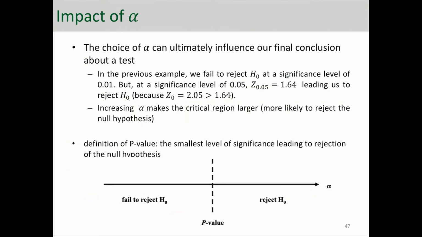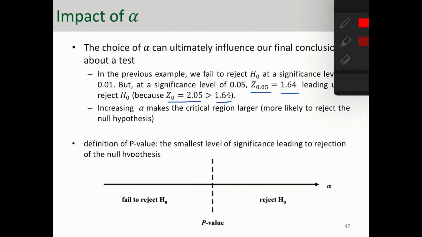For example, if alpha was 0.05, our critical region would start at 1.64, and because the test score is more than 1.64, we would have rejected the null hypothesis. You can clearly see that the choice of alpha can ultimately influence our final conclusion about the test. Increasing alpha makes the critical region larger, which essentially makes it more likely to reject the null hypothesis.